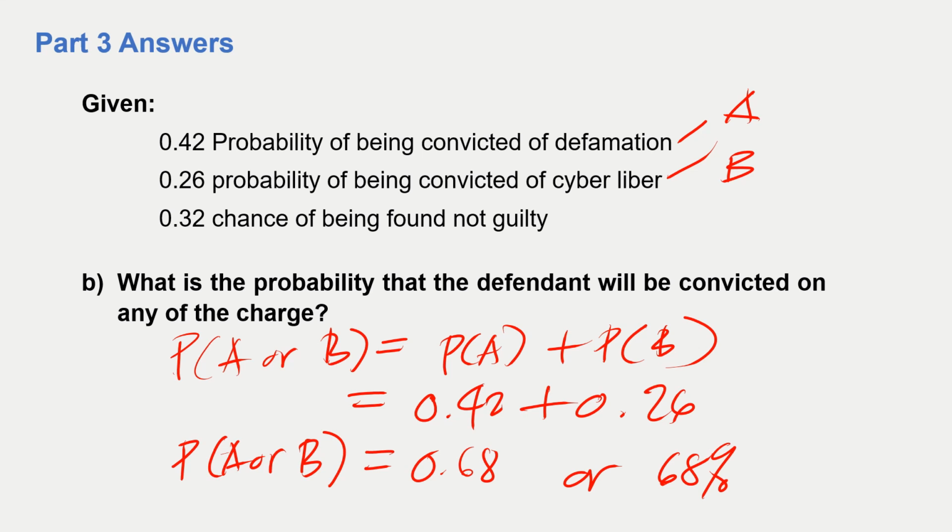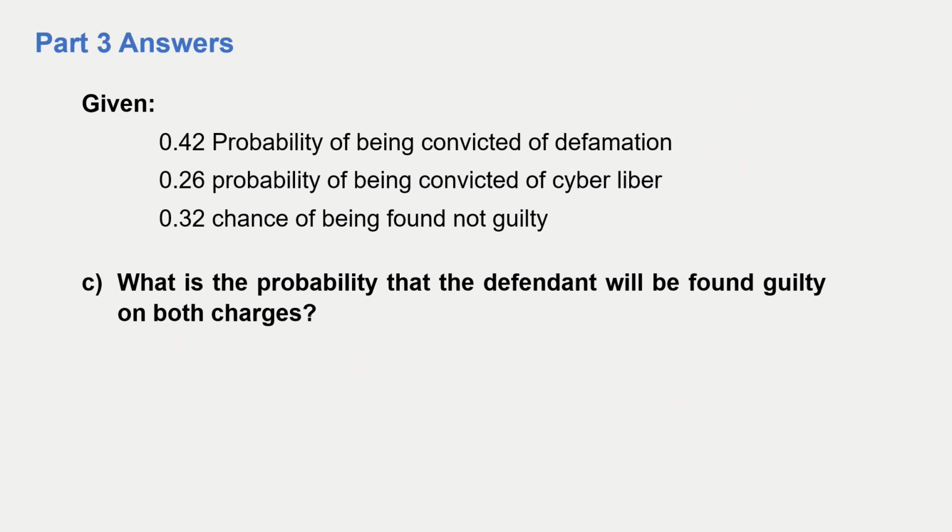So, what about kung guilty siya sa parehong charge? What is the probability that the defendant will be found guilty on both charges? Again, let's suppose this as A and B. Since binigyan na tayo ng hint, both charges, meaning we want to know the chances that both of these are the outcome of the experiment. Therefore, gagamitin natin yung multiplication.